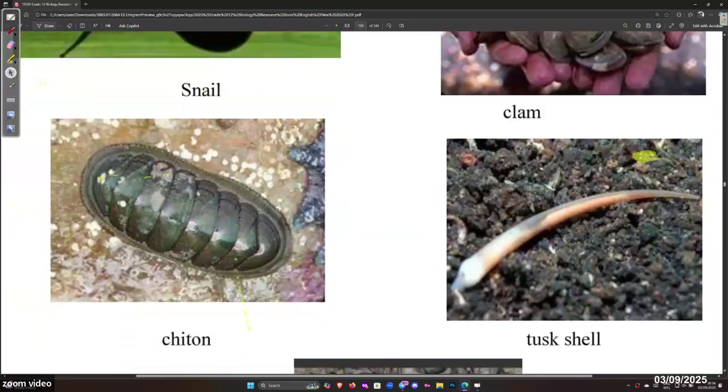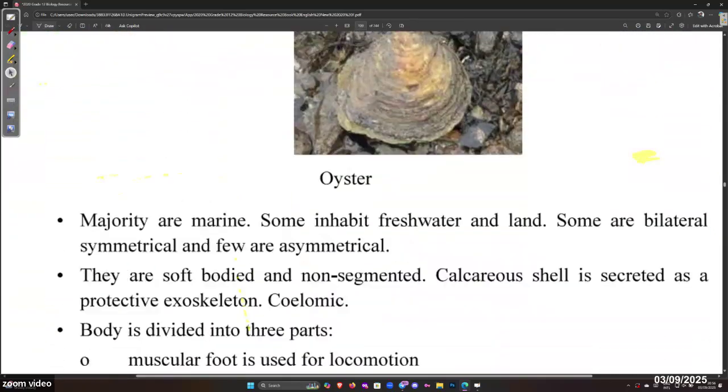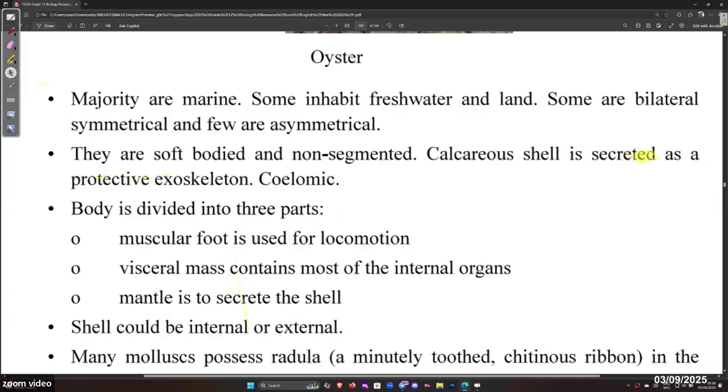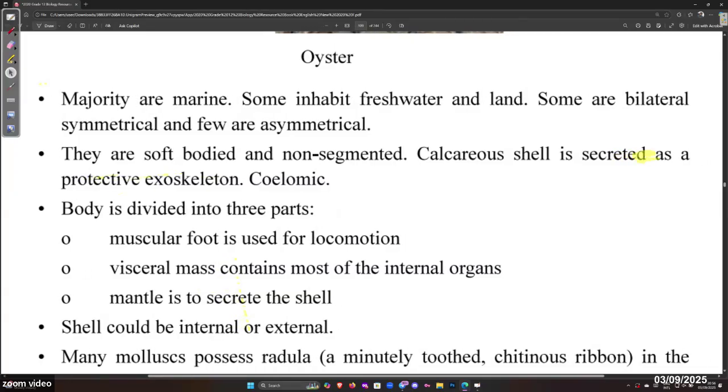Okay, we'll leave this tusk shell. What are the features? Majority are marine. Some inhabit freshwater and land. Some are bilateral symmetry, and few are asymmetrical. So asymmetrical, especially garden snail and all, because of the spirally coiled shell, they are asymmetrical.